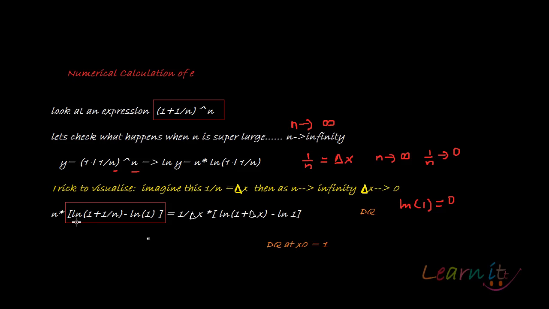So I have an expression ln of 1 plus 1 upon n minus ln 1, which is getting multiplied with n. So in terms of delta x, essentially it is 1 upon delta x into the bracket ln of 1 plus delta x minus ln 1.